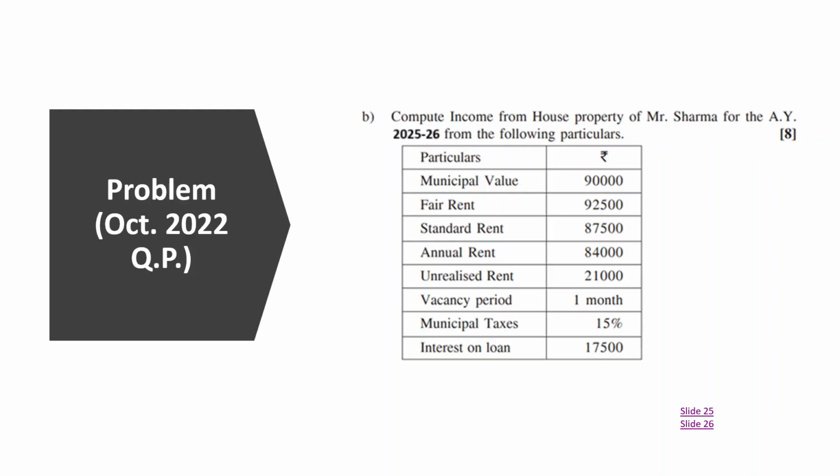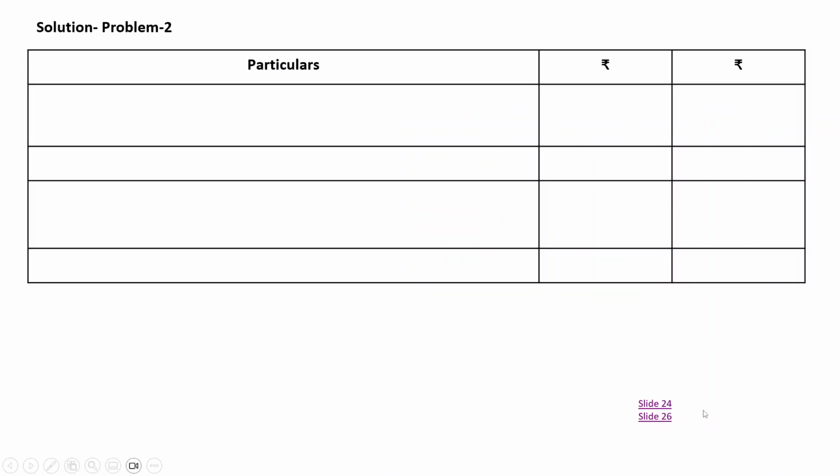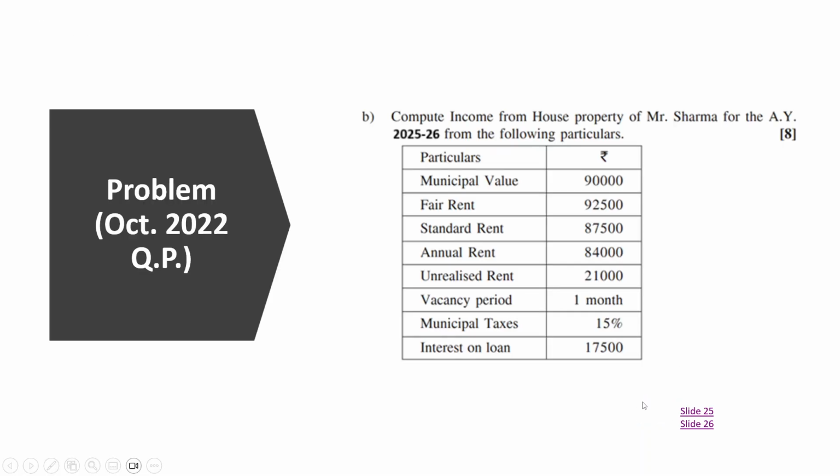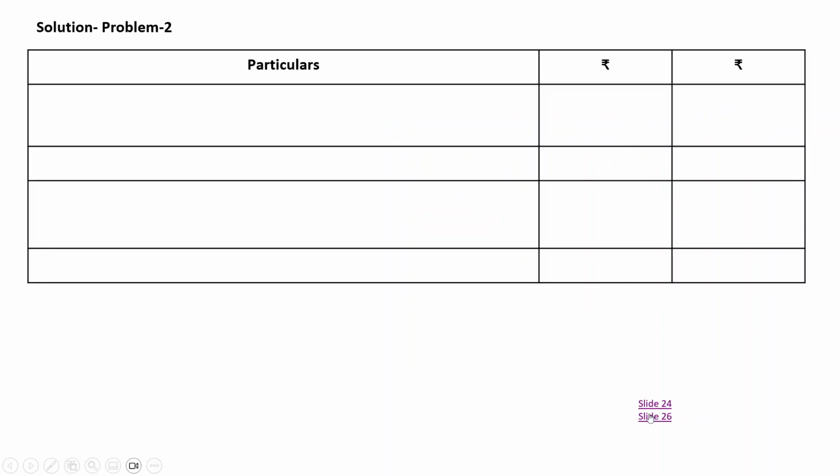From this given information, we are going to compute the income from house property of Mr. Sharma. First of all, give the heading: computation of income from house property of Mr. Sharma for the assessment year 2025-26. First of all, we are going to find out the gross annual value.